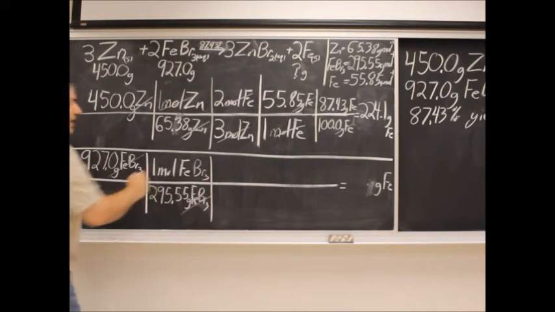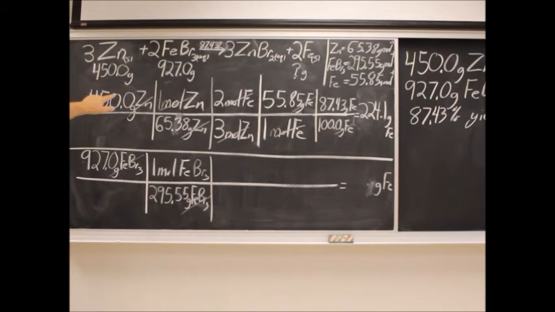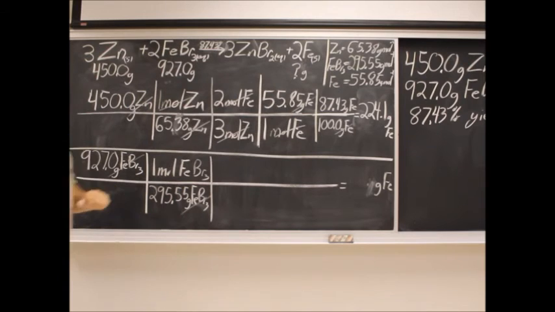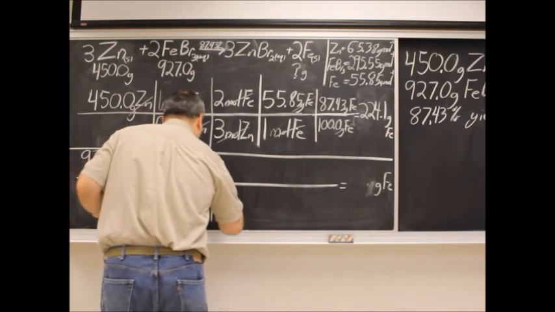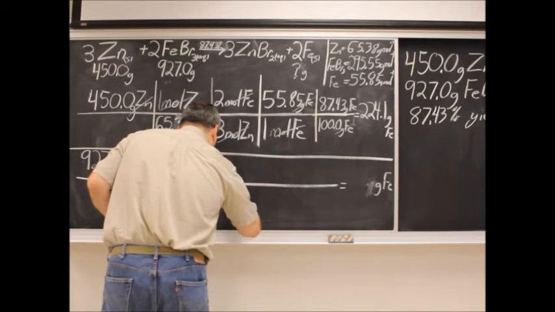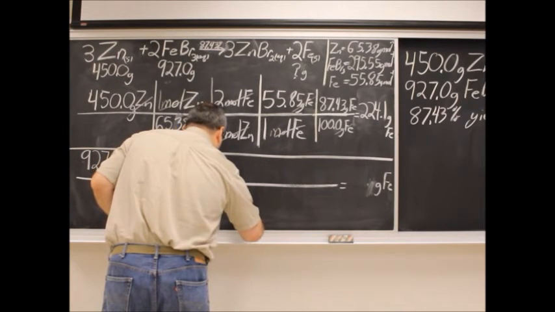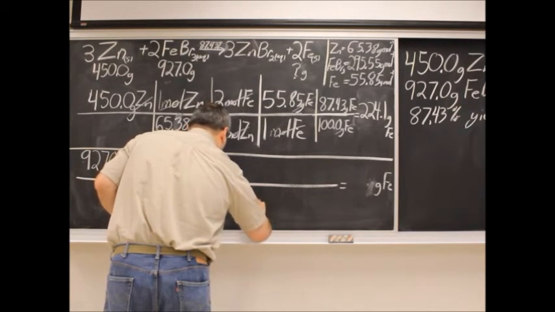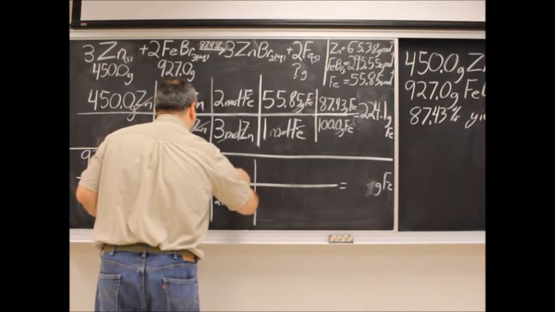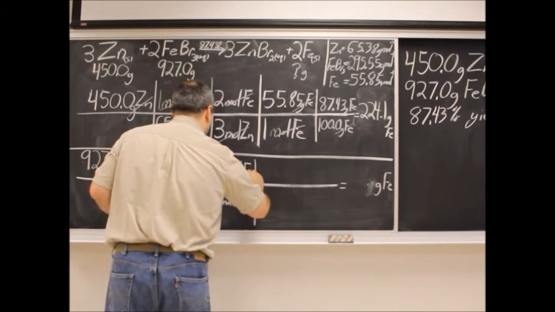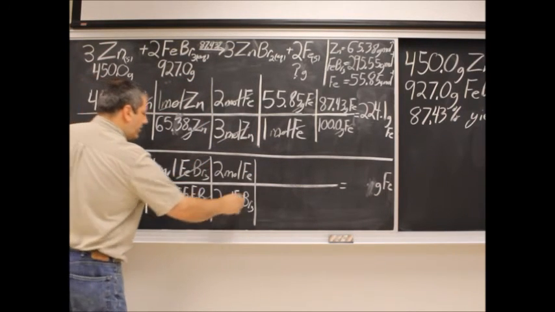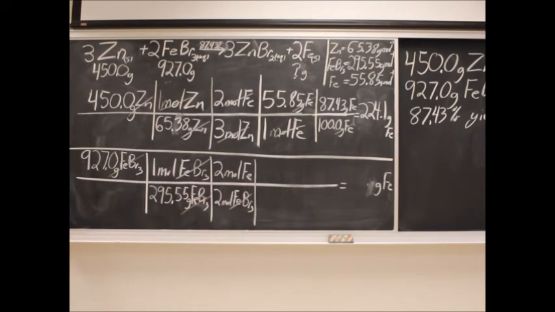Grams cancel, we have moles. Now we can use our balanced chemical equation, and it's a 2-to-2 ratio. So for every 2 moles of iron 3 bromide, we produce 2 moles of iron. Moles of iron 3 bromide cancel. Now we're in moles of iron.